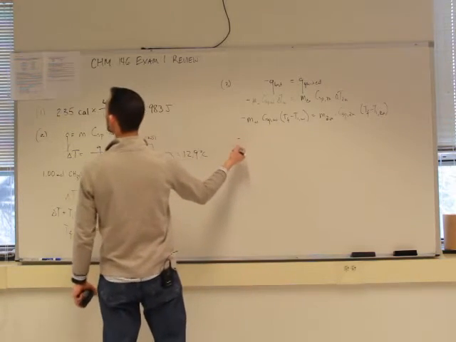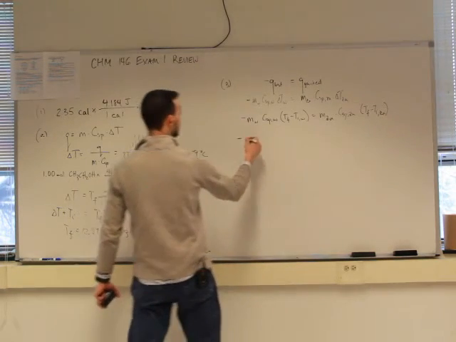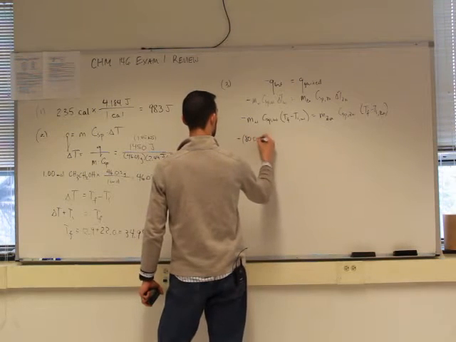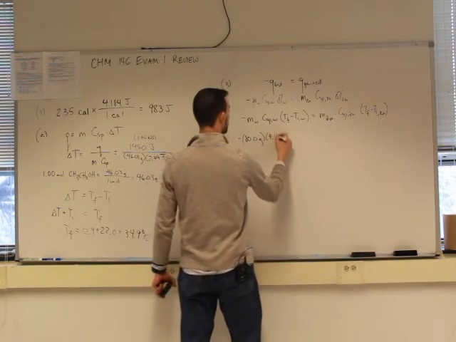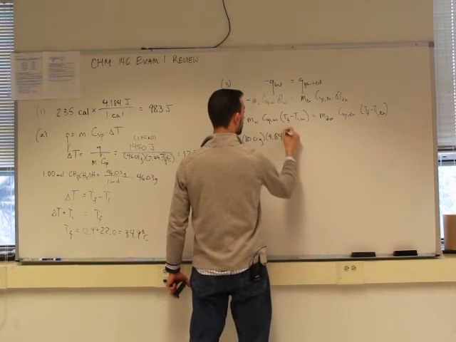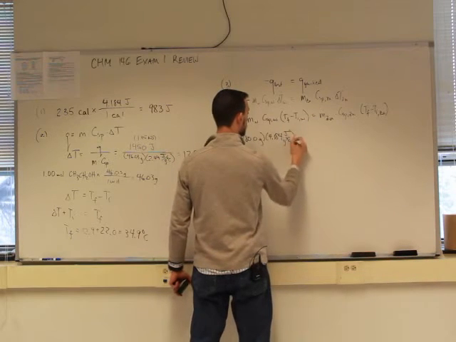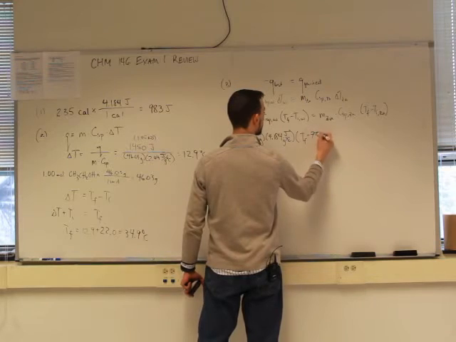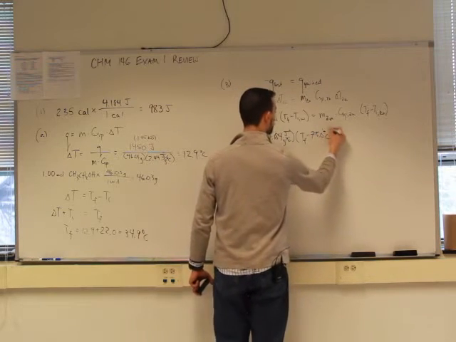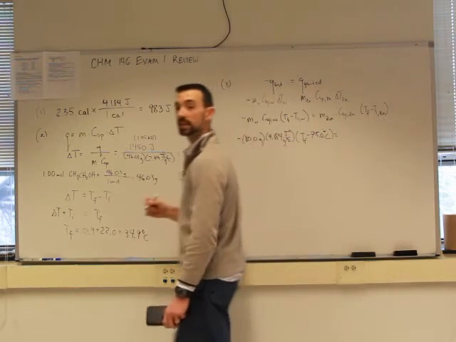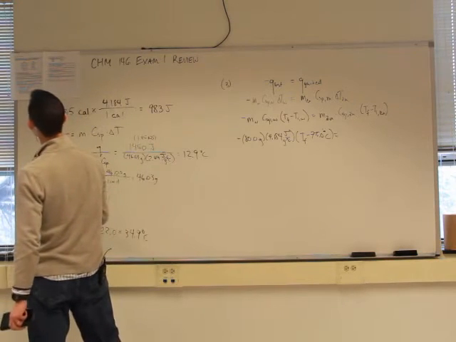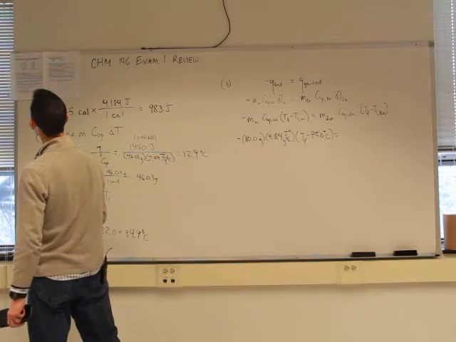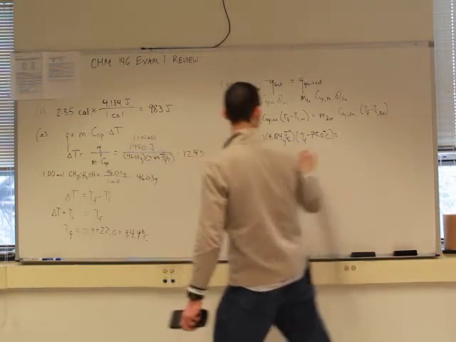On the water side, we are told 80 grams of water. The heat capacity of water is 4.184 joules per gram degrees Celsius. T final minus, it was 75 degrees Celsius for our water. On the zinc side, we've used 46.1 grams of zinc.